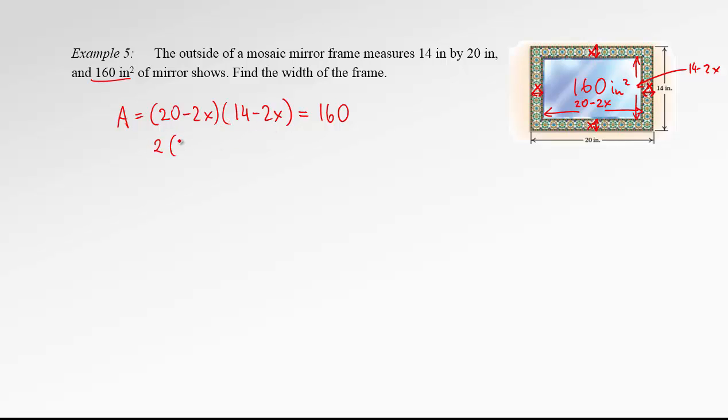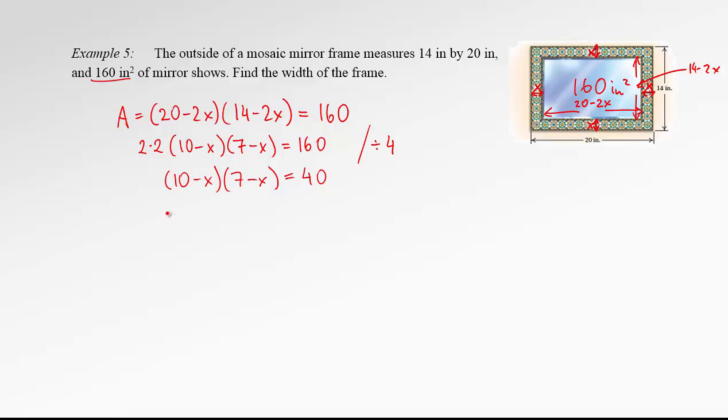So it will be 2 times 10 minus x, and from that bracket, we also have 2 times 7 minus x. And these two, instead of writing in front, I'm going to write in front of everything. So one 2 comes from this bracket, the other 2 comes from that bracket. Then we can see that the whole equation can be divided by 4, making it a lot easier to calculate, right? So we just need to multiply these two brackets equals 40.